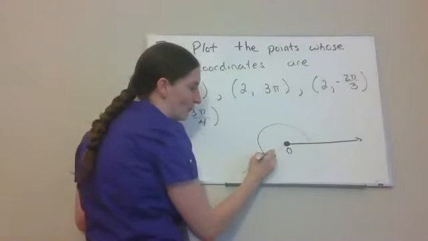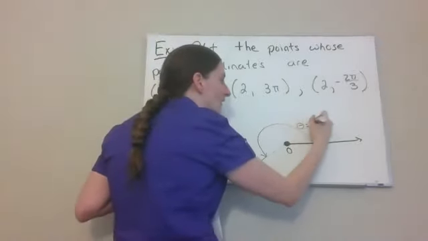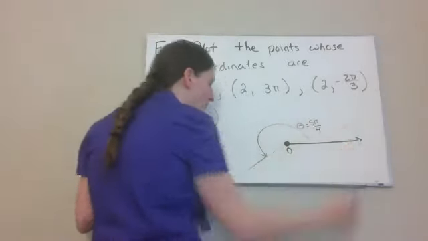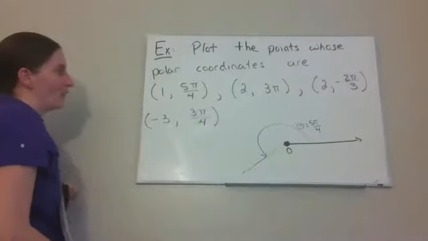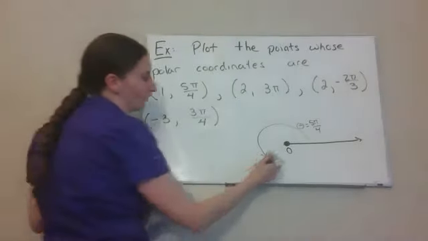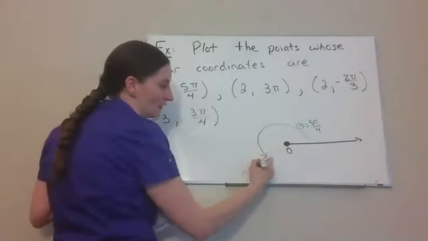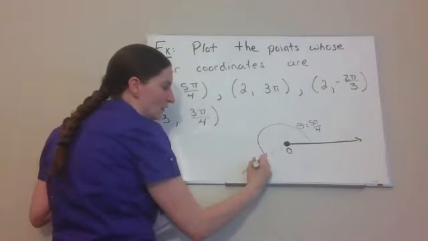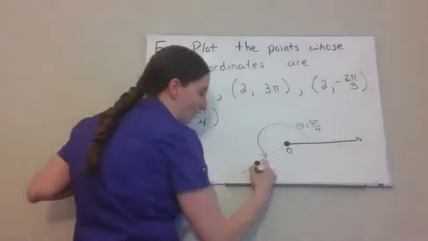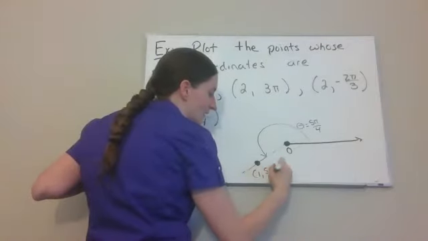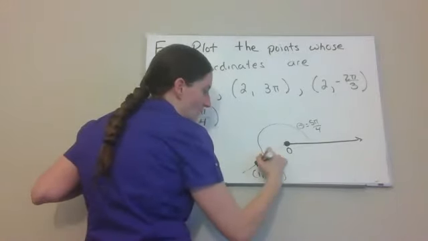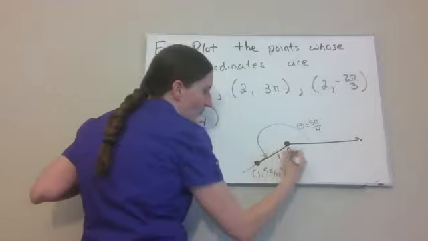Just remember where 5 pi over 4 is on the unit circle. And so I know that my point (1, 5 pi over 4) is on this line, and it's a distance 1 from the origin. So I'm going to say it's this point right here, where this distance is equal to 1.